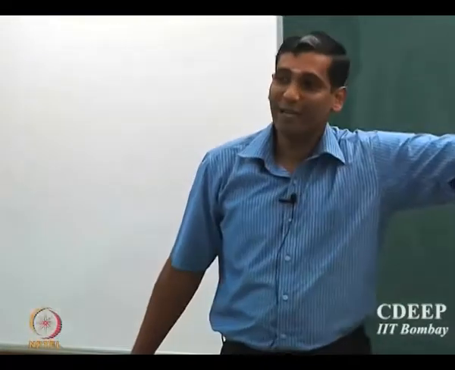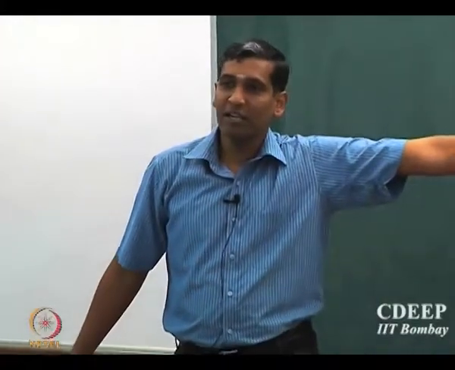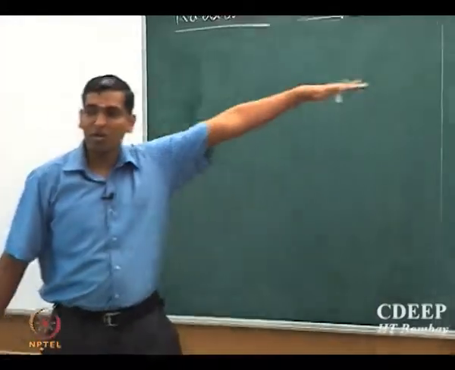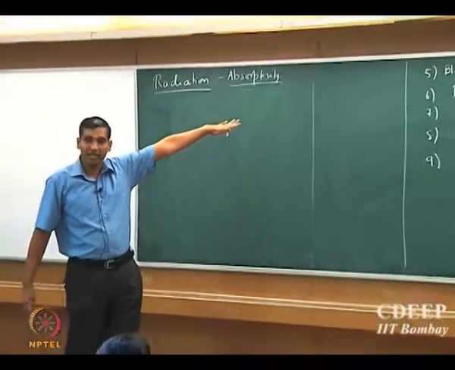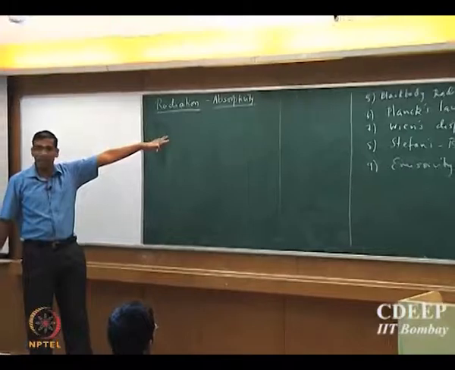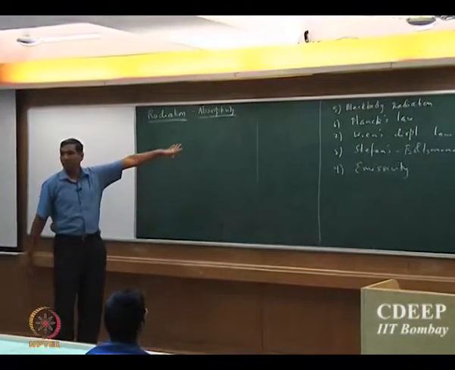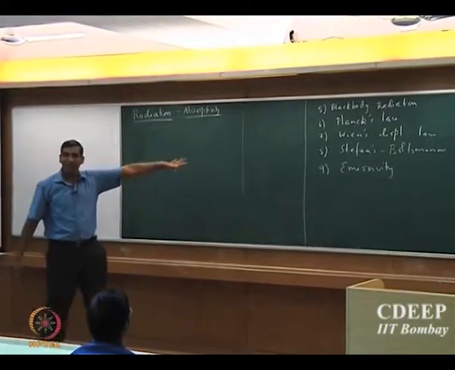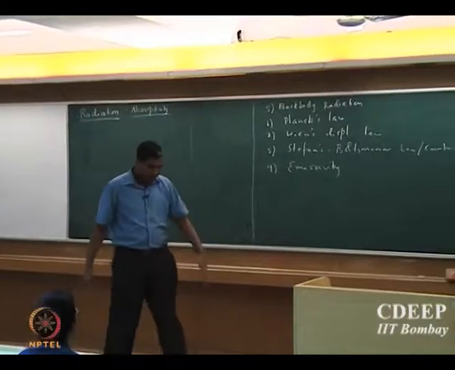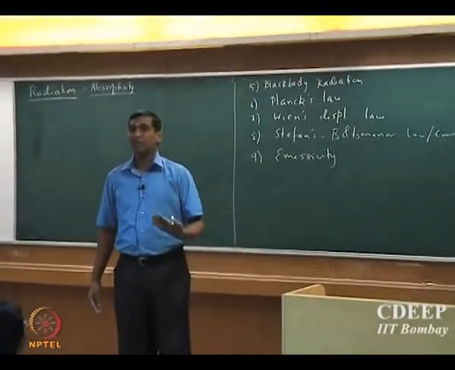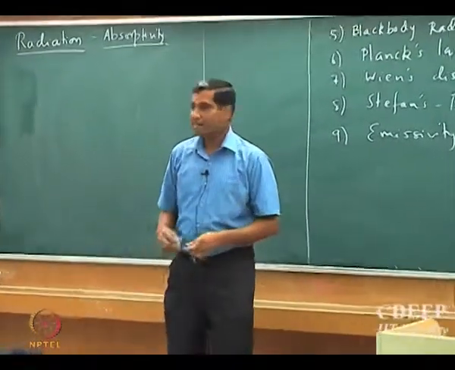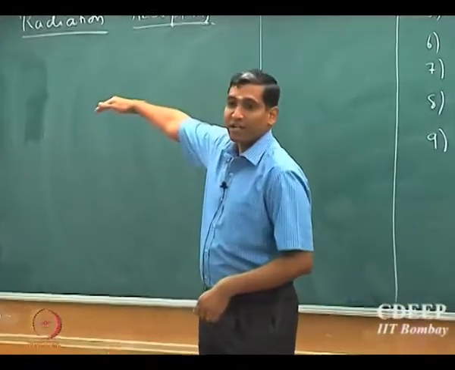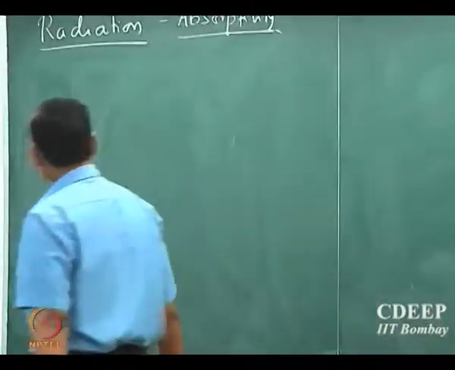Emissivity is described based on the corresponding black body radiation, while absorptivity is defined based on the total incident radiation. We are going to see in today's lecture how to characterize real surface properties, which we never looked at in the last two lectures.